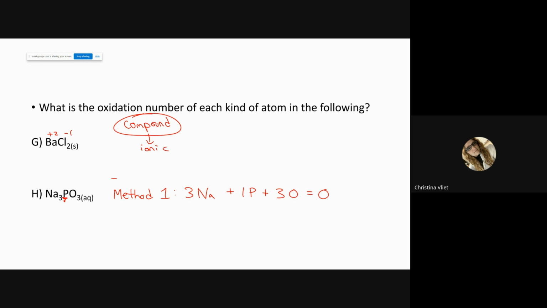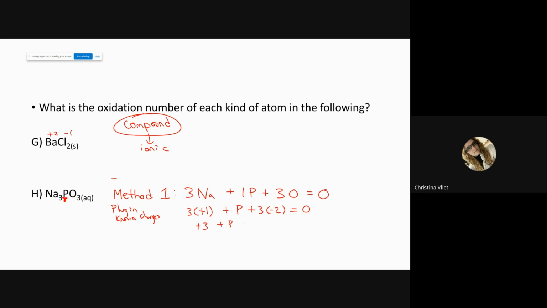Now we plug in what we know, right? Plug in known charges. We're going to know everything except for phosphorus. What do we know sodium has to be in a compound? +1. So we do 3 times positive 1 plus P, because that's what we're solving for. And then plus 3 times negative 2. 3 times positive 1 is 3.